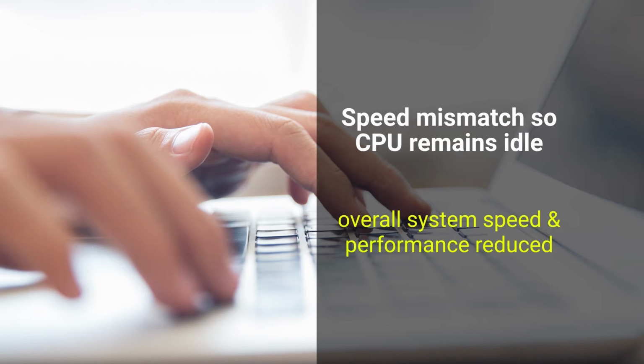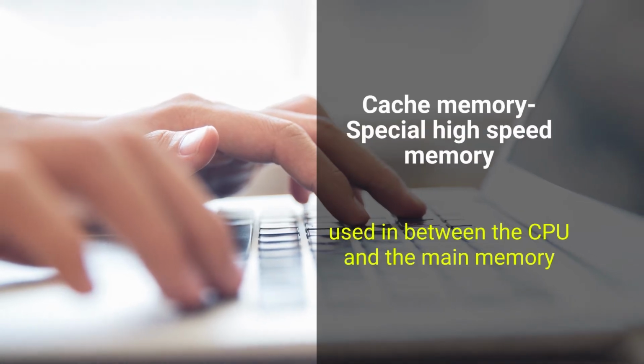Because of this, the overall system speed is reduced and performance degrades. To deal with this speed mismatch, we make use of cache memory. These are special high-speed memories and they are generally present between the CPU and the main memory.